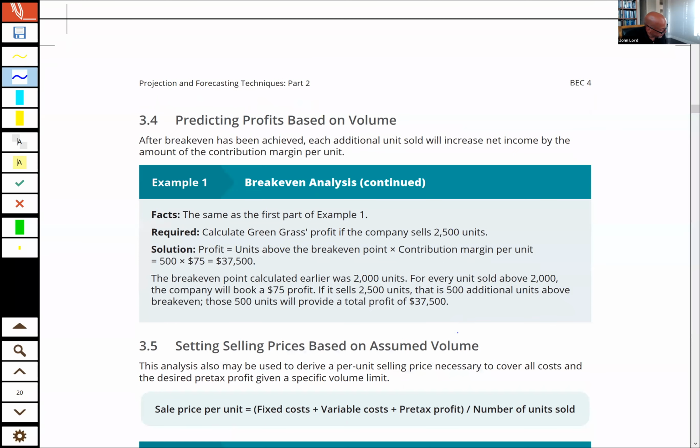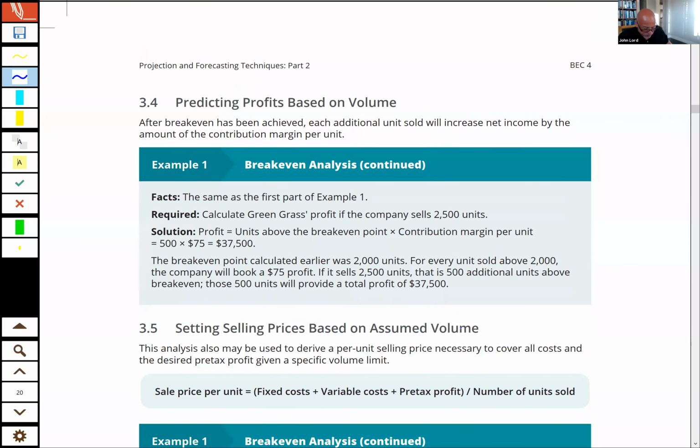Now come over and let's take a look. There's really not that much to flashcard here. I think it's good to go through this example though, to see how we can use this approach to do some quick calculations. So we'll calculate Green Grass profit if it sells 2,500 units.